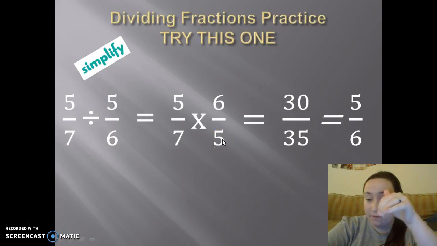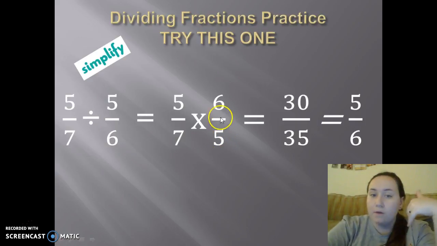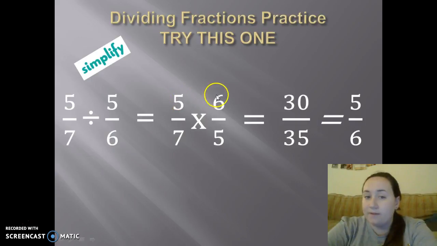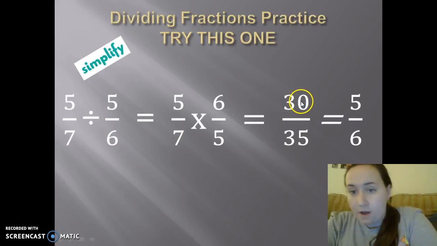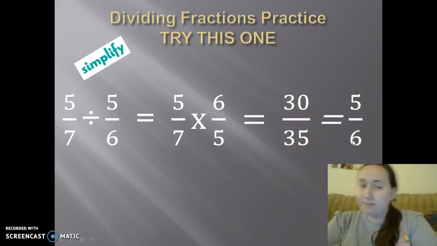The reciprocal of 5/6 is 6/5. So we have 5/7 times 6/5. Now you just multiply across. So you have 5 times 6, which becomes 30, and then 7 times 5, which is 35. Okay, you can simplify that using your divisibility by 5 rule. So you have 30/35, which is just 6/7, and that's simplified.